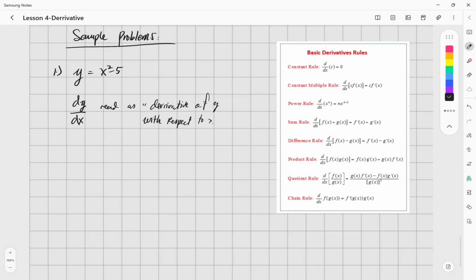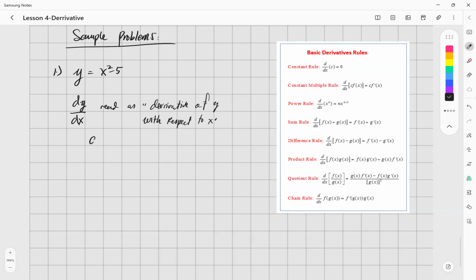In normal English, it is the change of y with respect to the change of x. But in mathematics, we call the change of y the derivative.